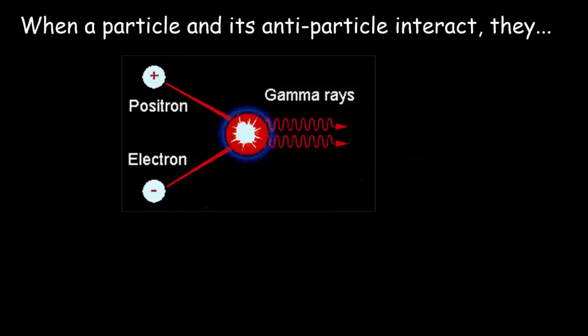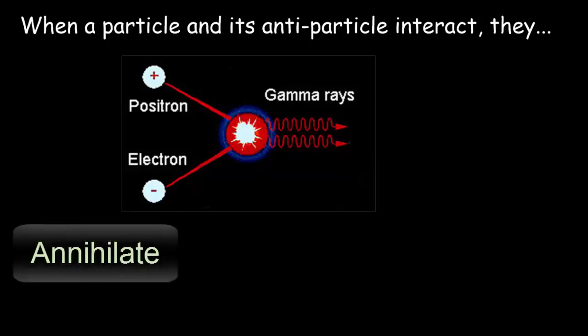And what's really critical about these antiparticles is that when a particle and its antiparticle interact with each other, such as the electron and the positron here, they annihilate each other.